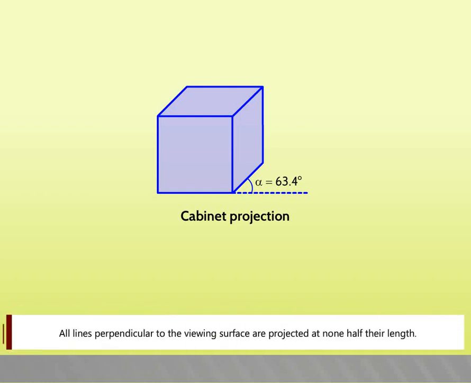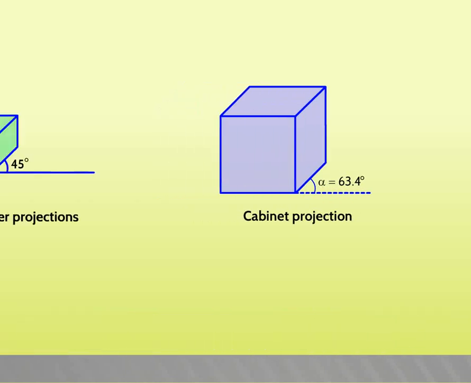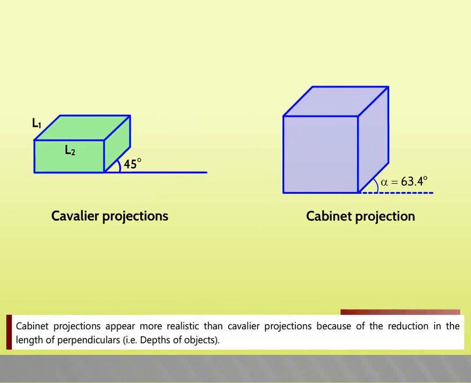All lines perpendicular to the viewing surface are projected at one half their length. Cabinet projections appear more realistic than Cavalier projections because of the reduction in the length of perpendiculars, that is, depths of objects.